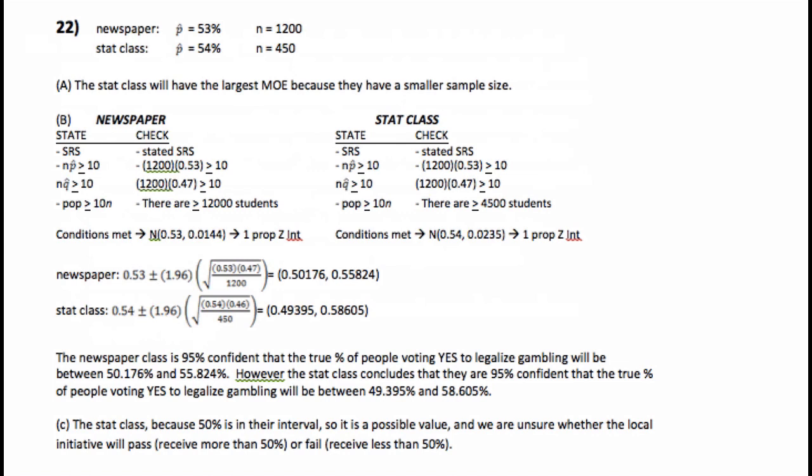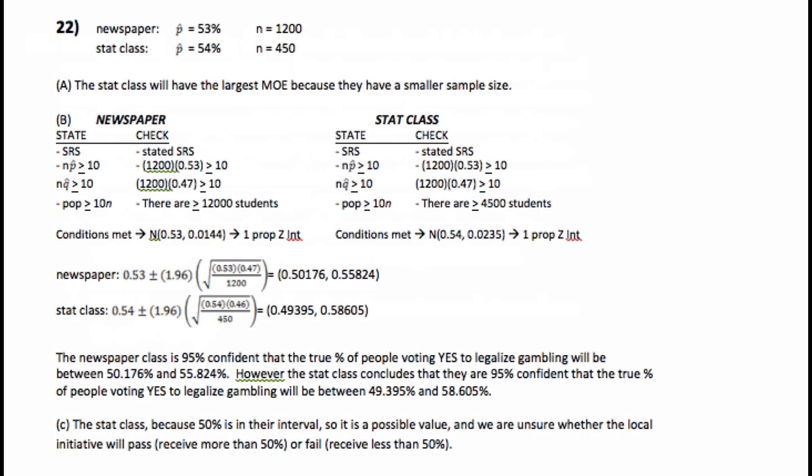We're going to use a normal model. We put our mean and our standard deviation for that normal model, and then we can use a 1 proportion Z interval. On the next one, we also say conditions are met. There's our normal model with the mean and standard deviation, and we're going to use a 1 proportion Z interval. So for the newspaper, I'm going to just use my formula with the numbers plugged in. It's our sample proportion plus or minus the Z star value.